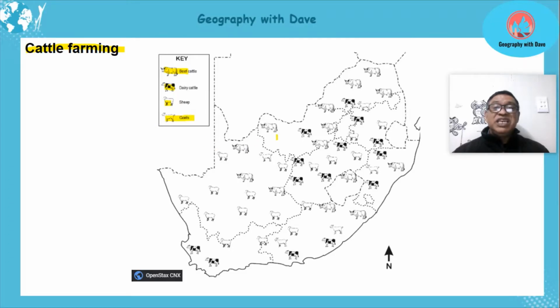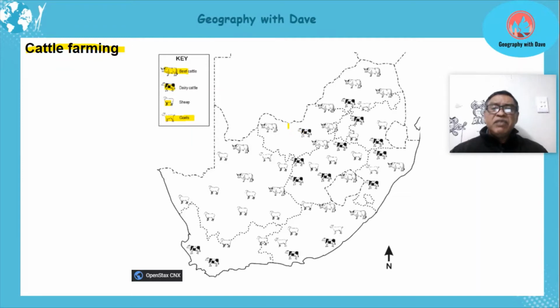You can see how the cattle actually outnumber the others, the sheep and the goats, meaning that cattle farming, whether beef or dairy, is done to a great extent in this country, more than any other.